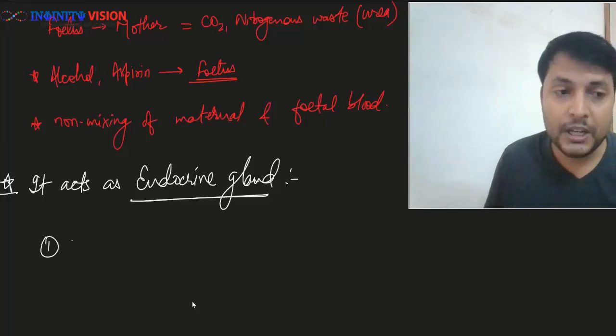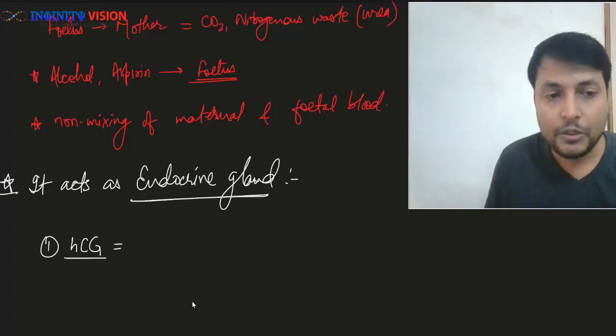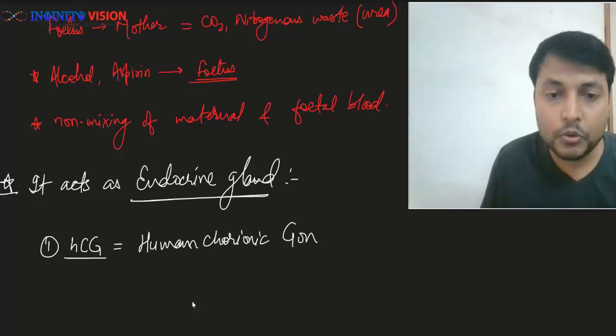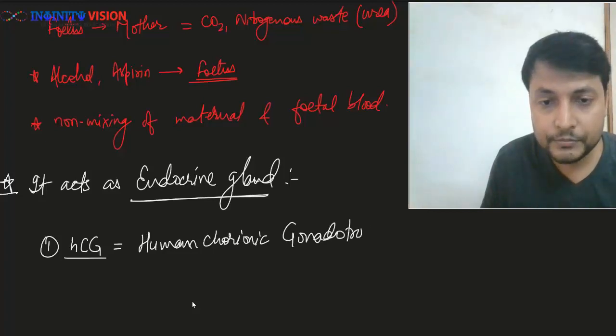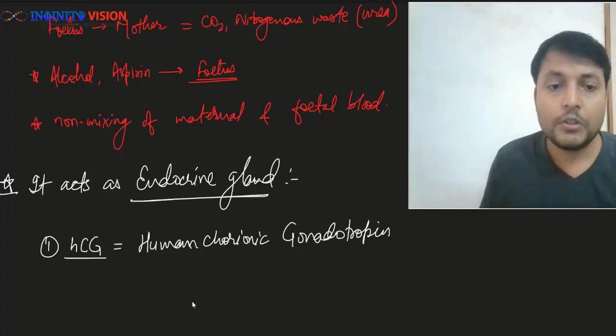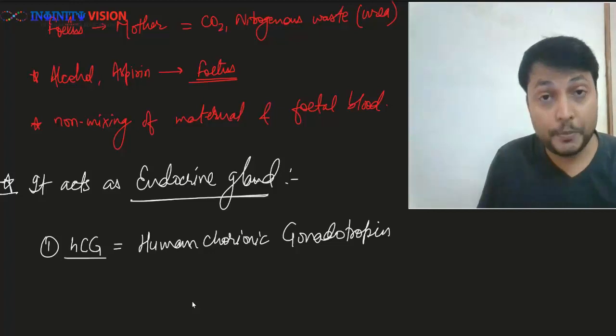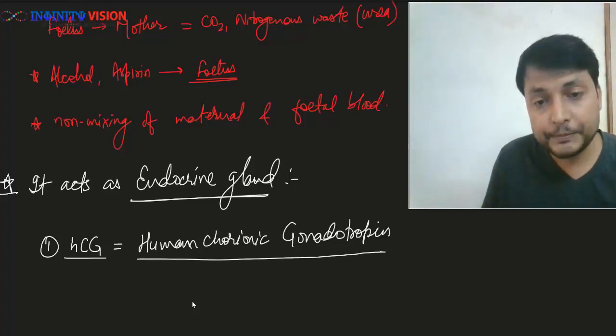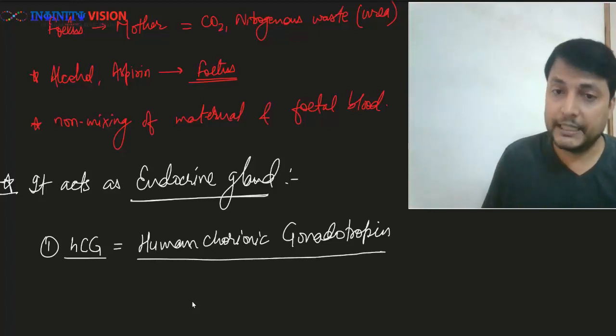What are these? Number one, it secretes HCG. The full form is human chorionic gonadotropin. Okay, human chorionic gonadotropin, and HCG is a very, very important hormone for the pregnancy.